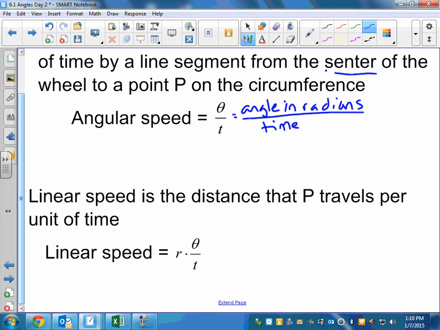But linear speed, you basically just take your angular speed and multiply that by your radius. It's the radius times your angle in radians over your time again, okay?